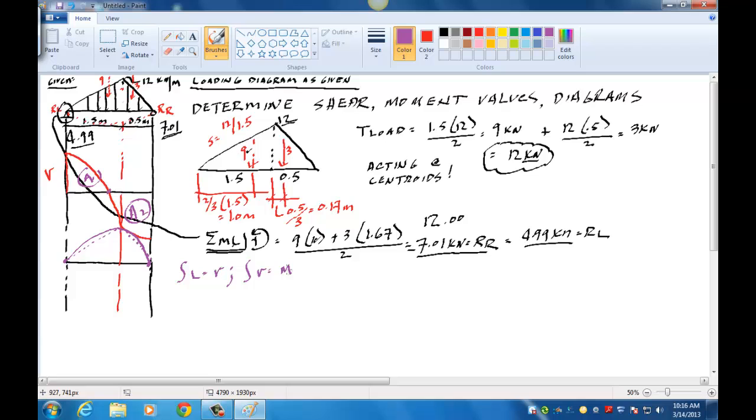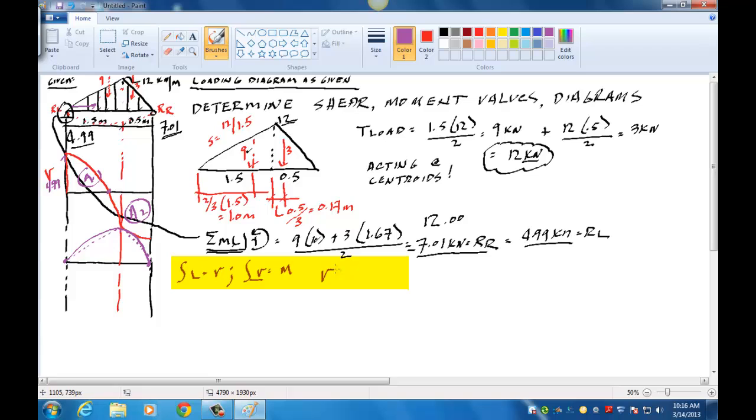We know that this shear value is 4.99. We also know that the general equation for that triangle from left to right looks something like this. So let's take a look at the shear value first.